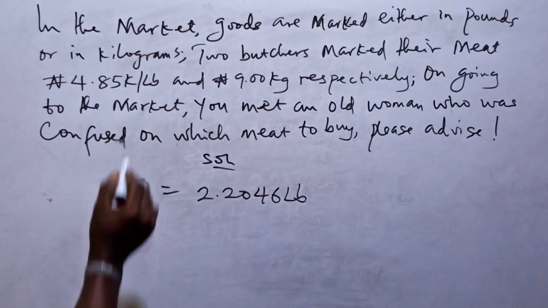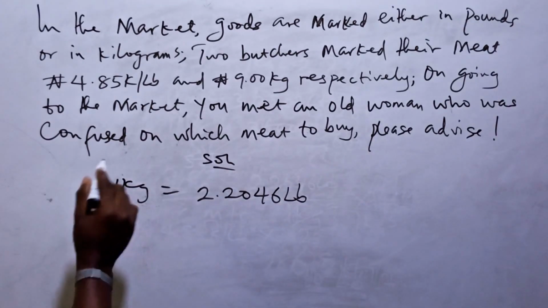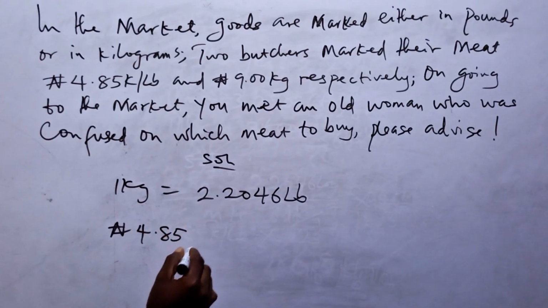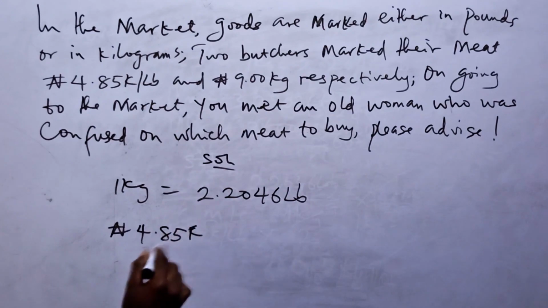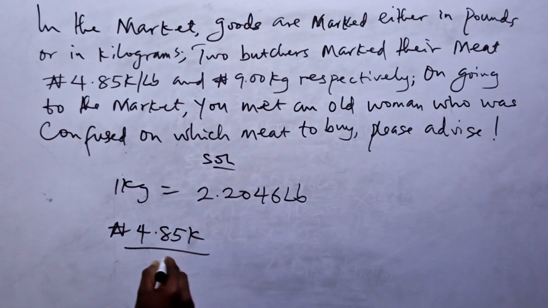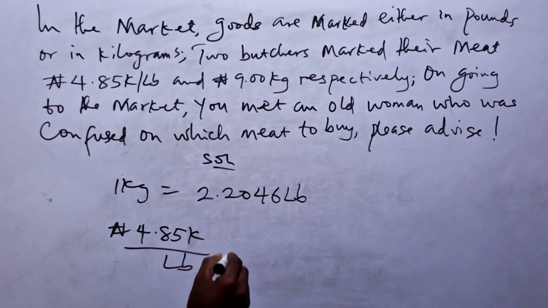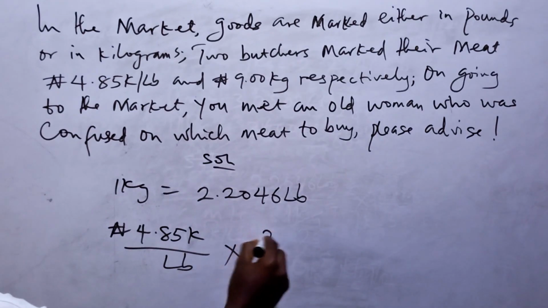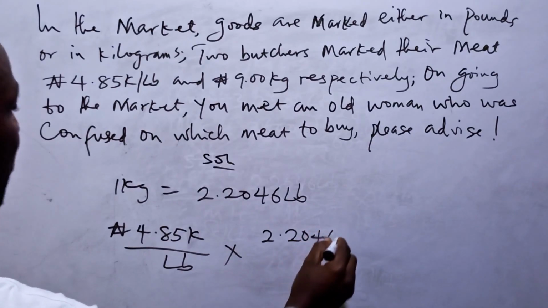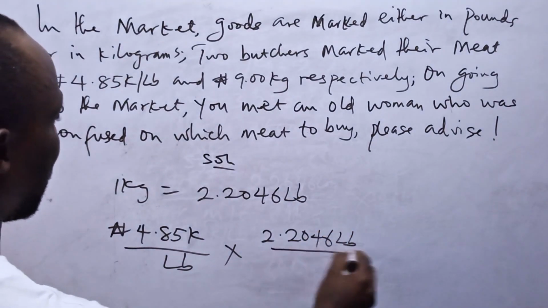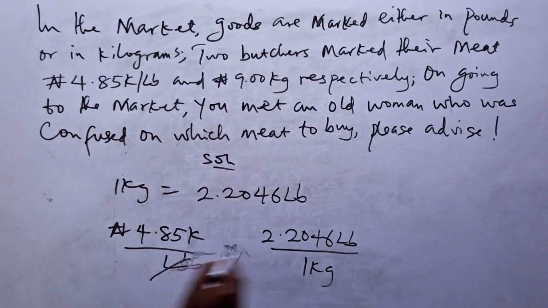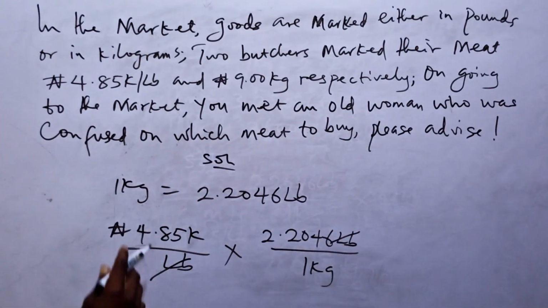Now, as for the meat, the first one is 4.85 naira per pound multiplied by 2.2046 pounds per kilogram. Now this pounds will cancel this pounds.